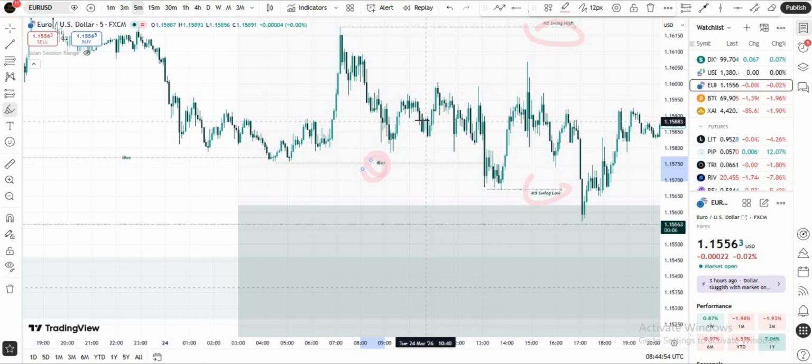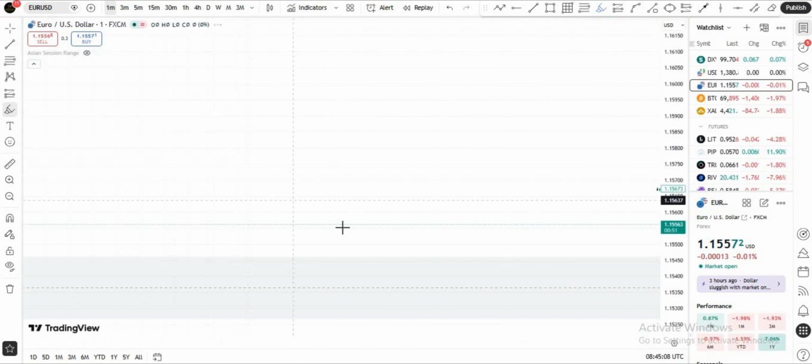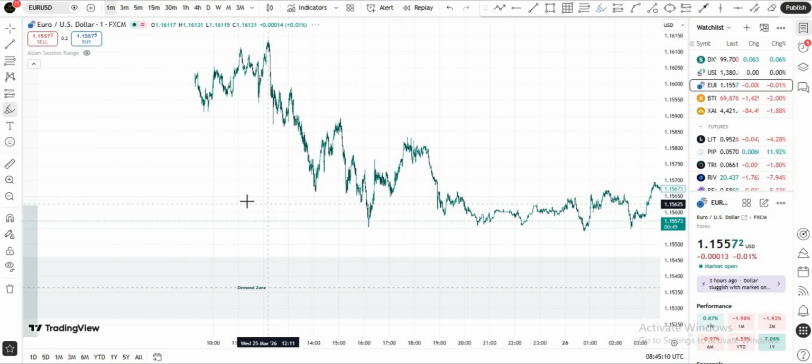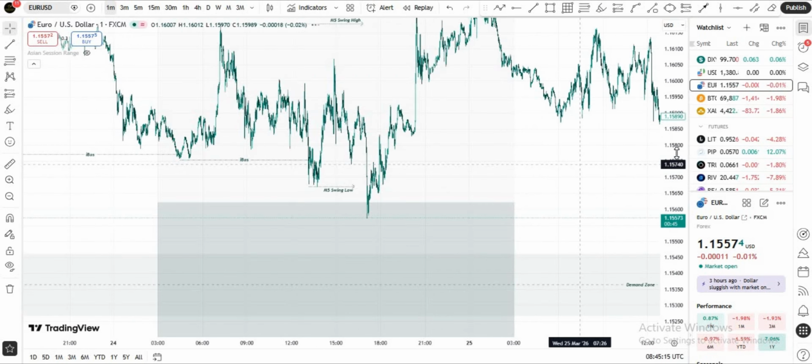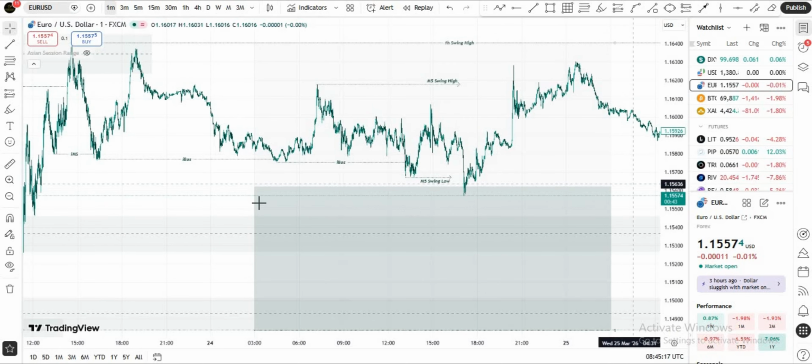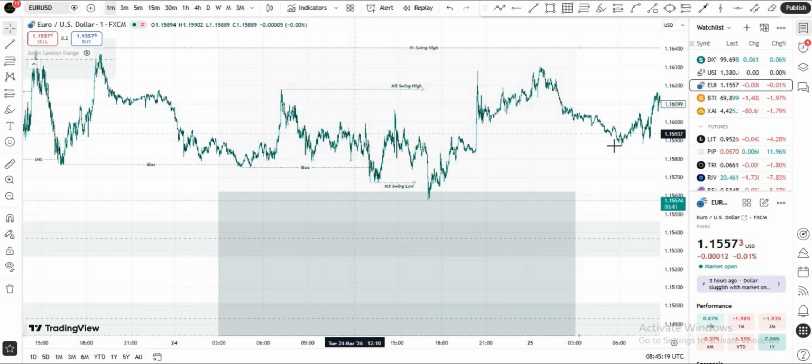What I'm going to do is move down to the 1 minute time frame to mark out my relevant supply zone where I'm expecting price to react before going down. So let's move straight into that. This is when I had to move down to the 5 minute time frame. Now you can see the structure very big and clear.